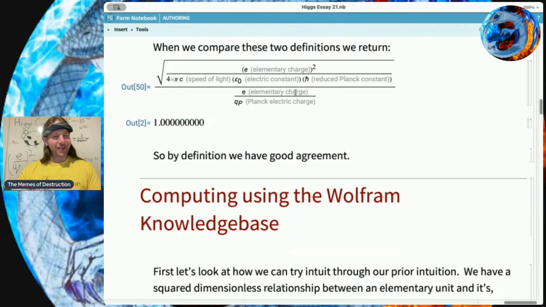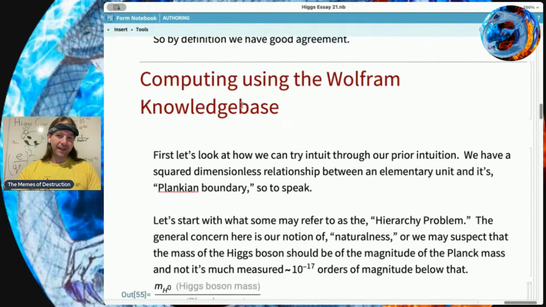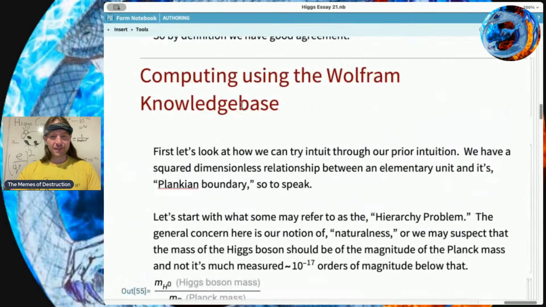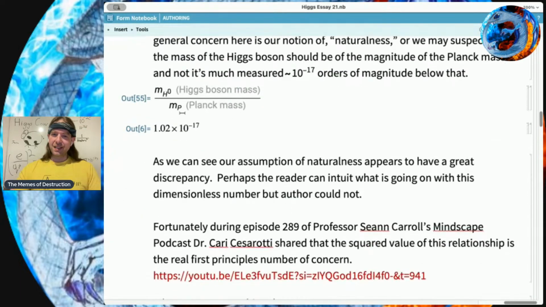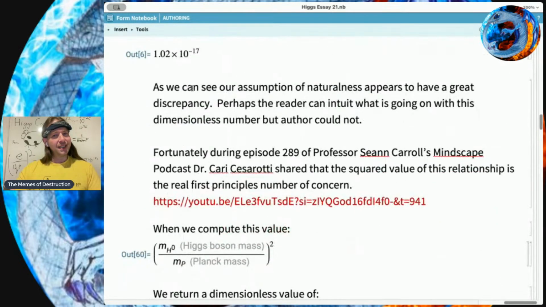Basically, an elementary thing over a Planck thing squared gives us an important coupling constant. As a Planckian boundary, it's 10 to the minus 17 magnitudes difference. Some may say 17 missing layers of reality.